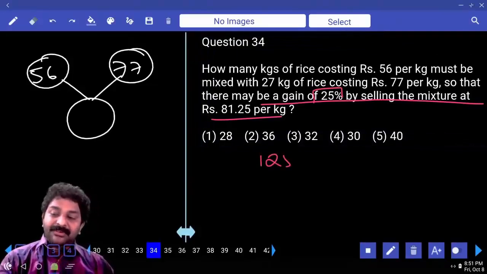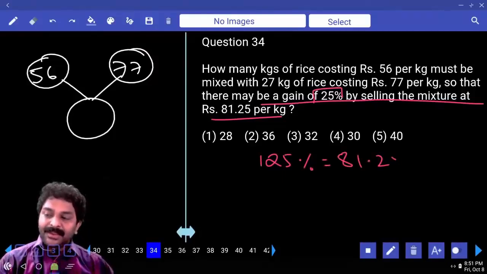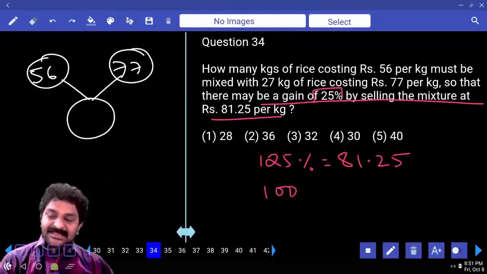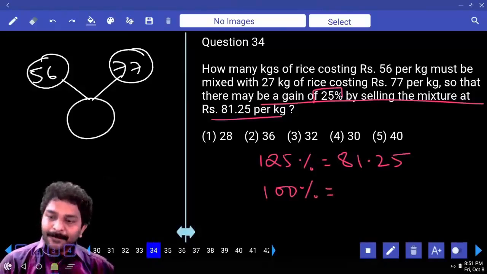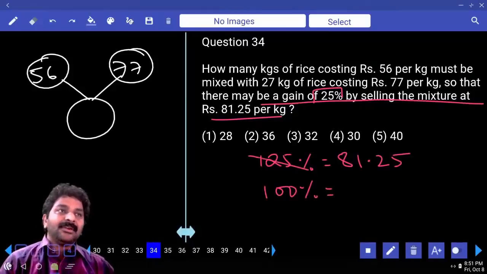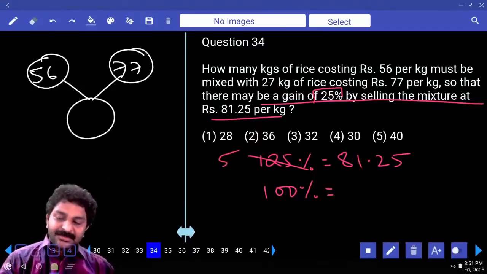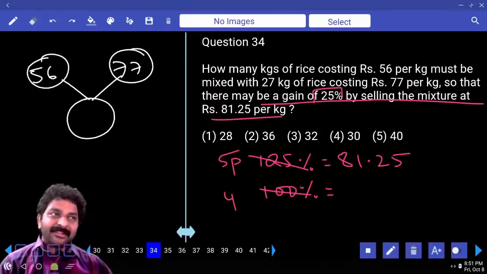That means 125% is equal to 81.25. Cost price is 100%. That is equal to how much? Is this okay? 25 is 5 times, 25 is 4 times. 5 parts is equal to 81.25. 4 parts is equal to how much?